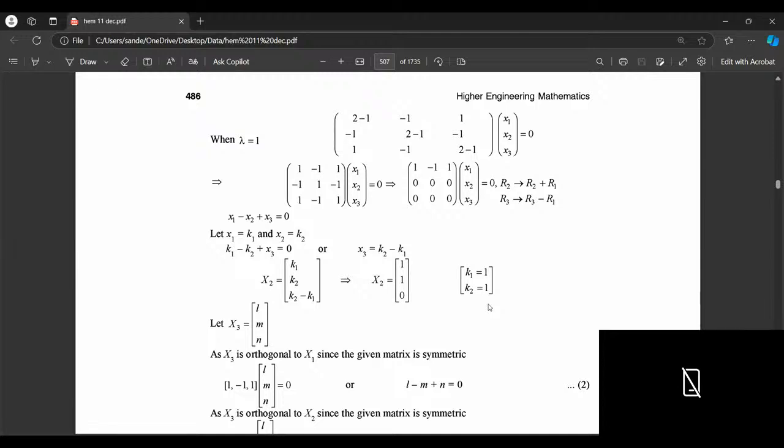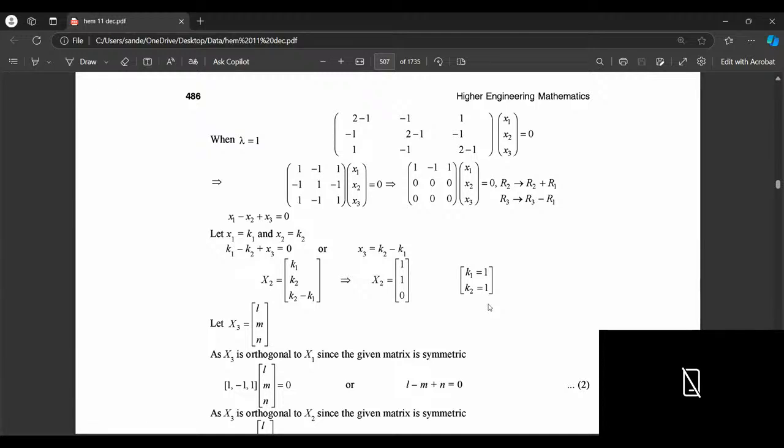So let us choose x1 is k1, x2 is k2, which implies x3 equal to k2 - k1. So therefore, the second eigenvector x2 is k1, k2, k2 - k1.